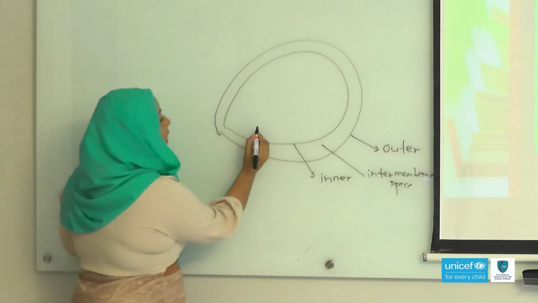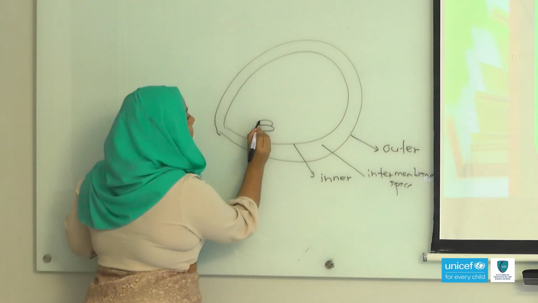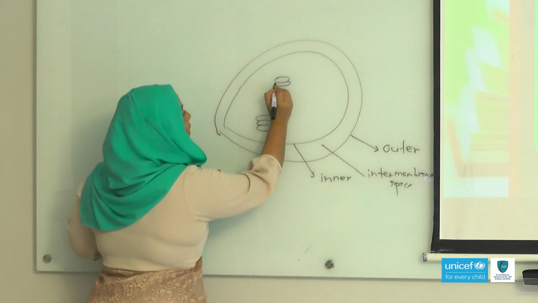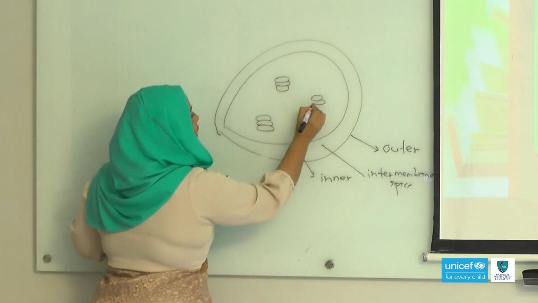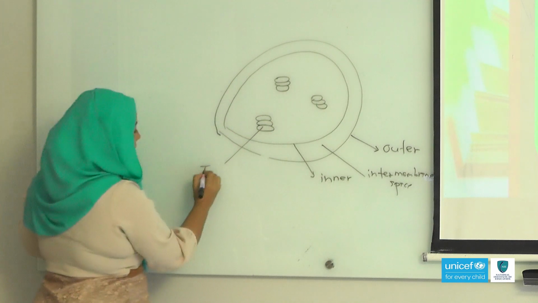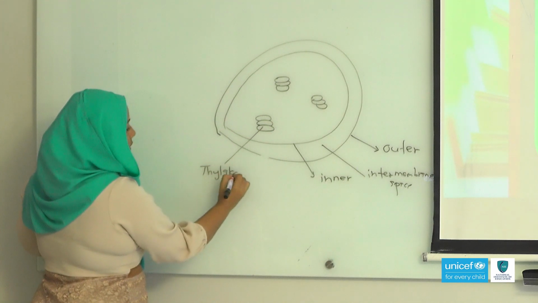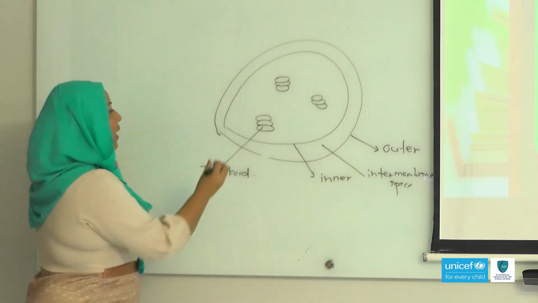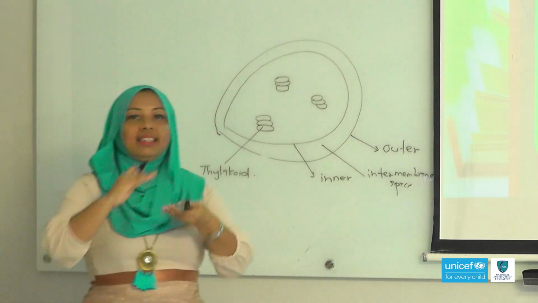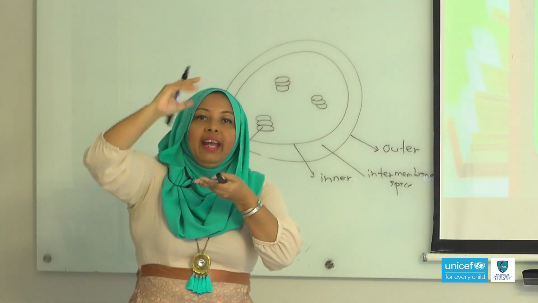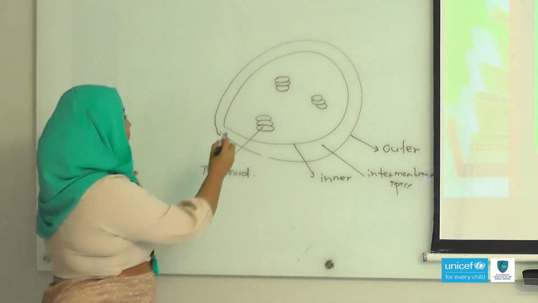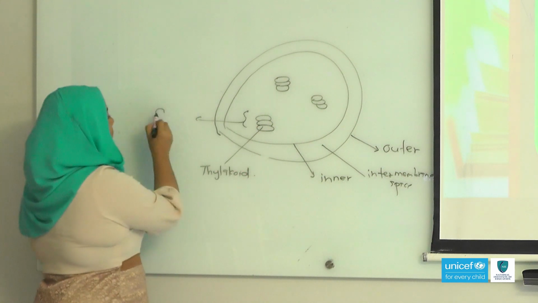Then you can say that there are disc-like structures present. These disc-like structures are called thylakoids. And these disc-like structures are stacked up, and each one of these stacks is called a granum.